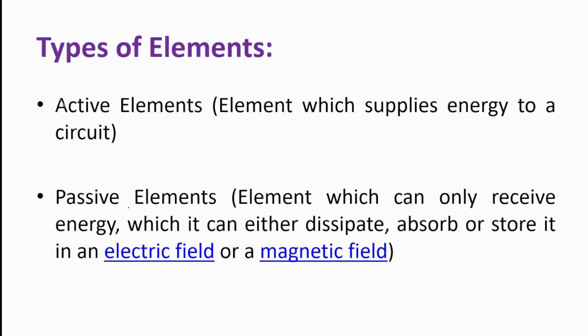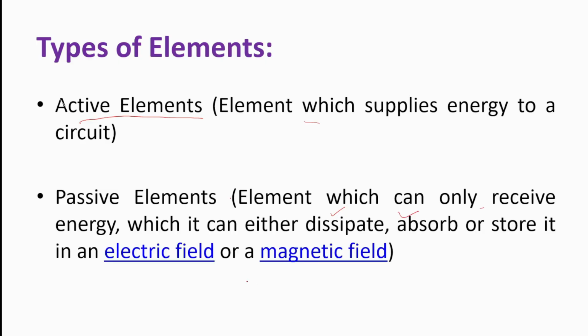Now, any circuit is a combination of different elements, and it can have active elements as well as passive elements. Coming to active elements, the element which supplies energy to the circuit is nothing but the active element. A passive element is an element which can only receive energy, which it can dissipate, absorb, or store.